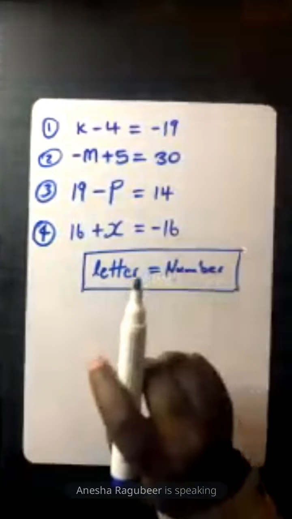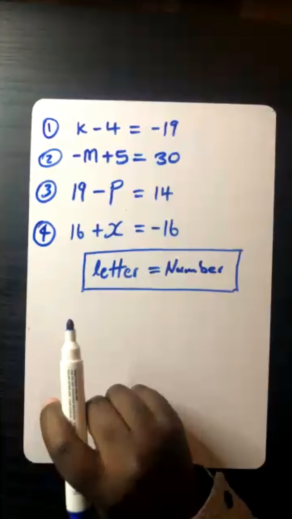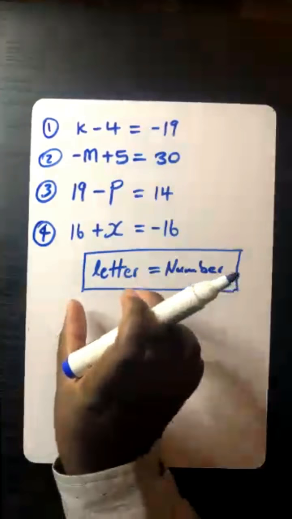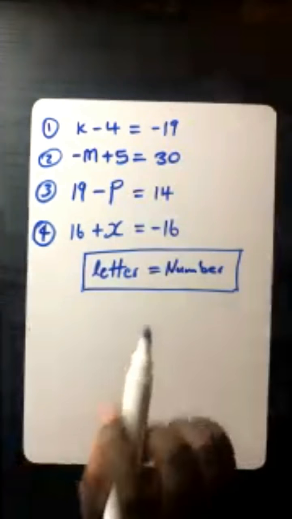And now that we have done multiple problems, I'm 100% sure that you fully understand what I mean when we say we want to have the letters on the left and numbers on the right, isn't it? Yes.